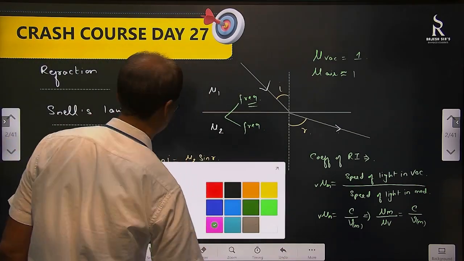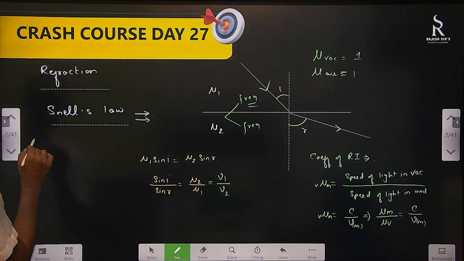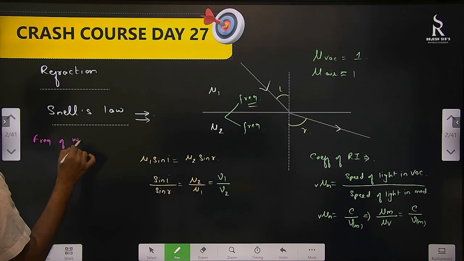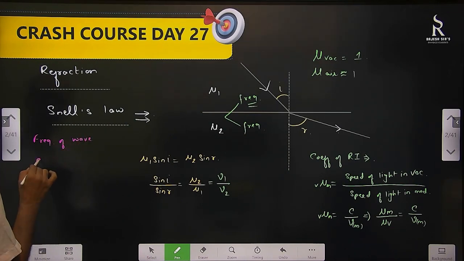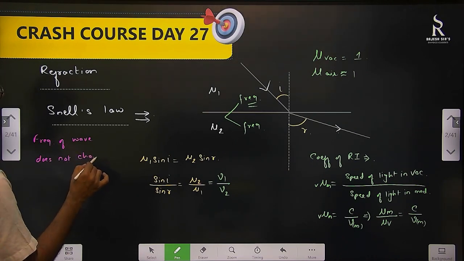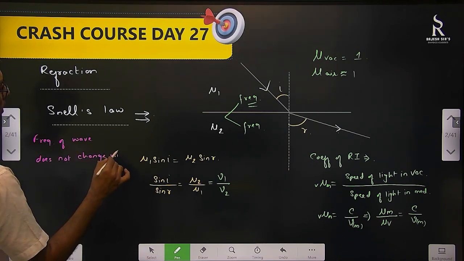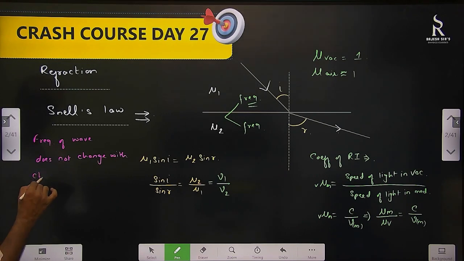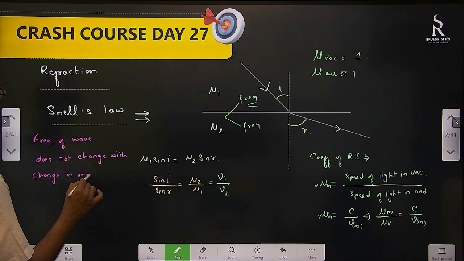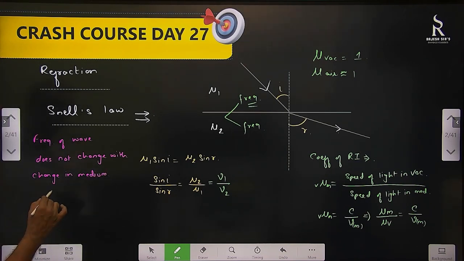Frequency of a wave does not change with change in medium. Because of that, speed is directly proportional to wavelength.